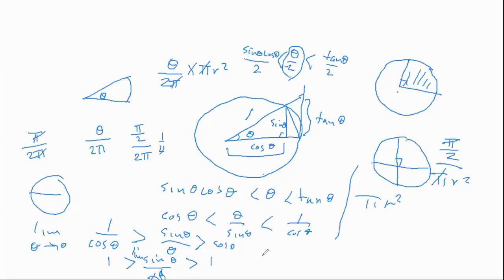We have 1 greater than the limit as theta goes to 0 of sine theta over theta, which is greater than 1. So 1 is greater than this and this is greater than this. That means this is equal to 1.